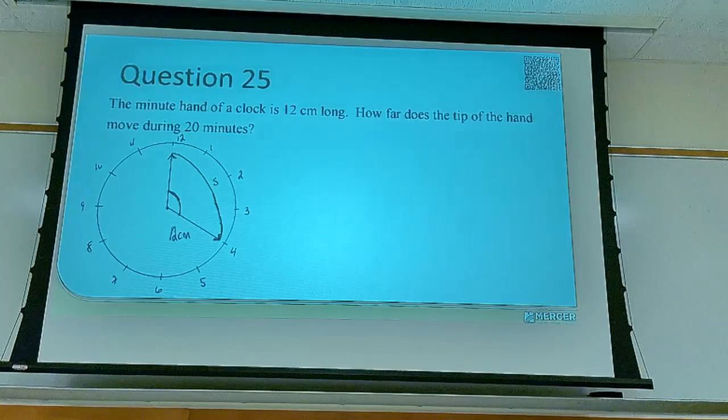I would ignore that, because we just said each of these ticks represents what? 30 degrees. So that's 120? What's 120 degrees in radians? 2 pi over 3.